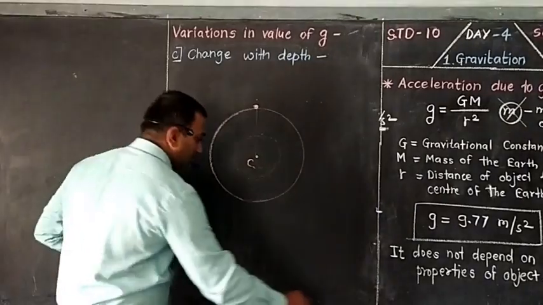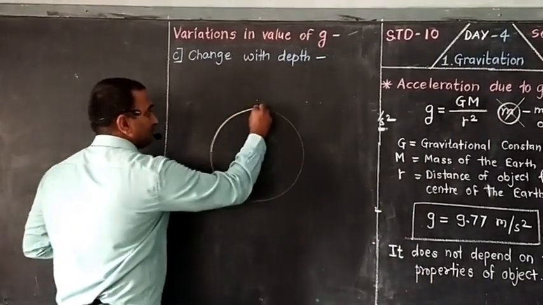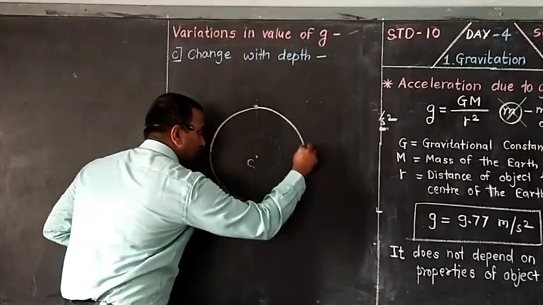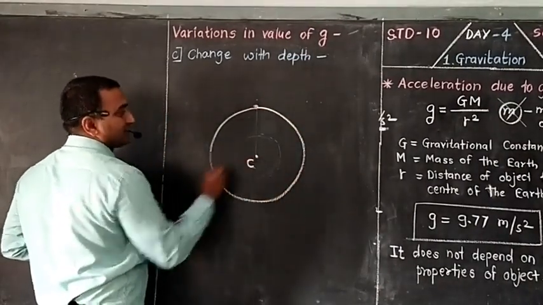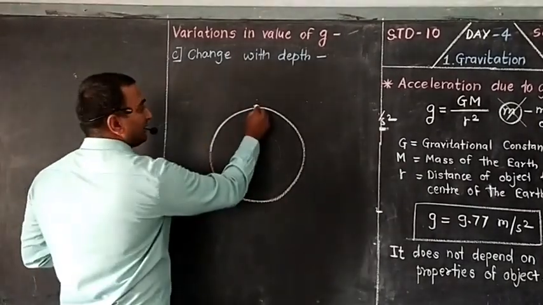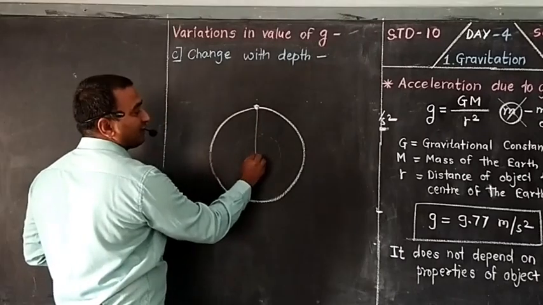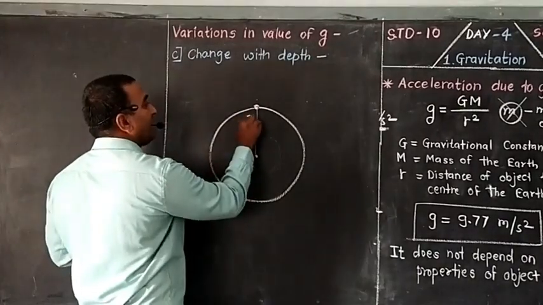See now. The outer circle indicates the surface of Earth, and this one is the center. Now the object is here, and the distance between the center of Earth and the object, because it is on the surface of Earth, is r.